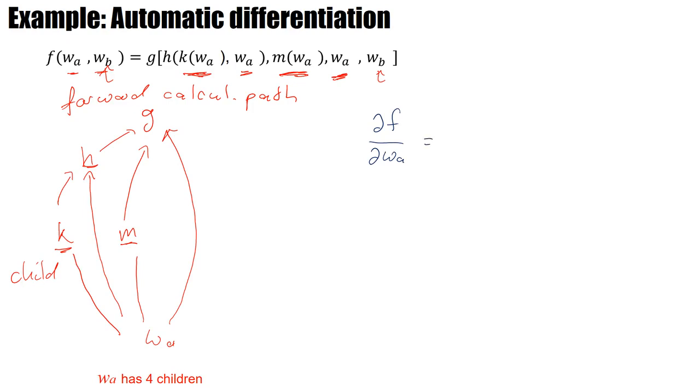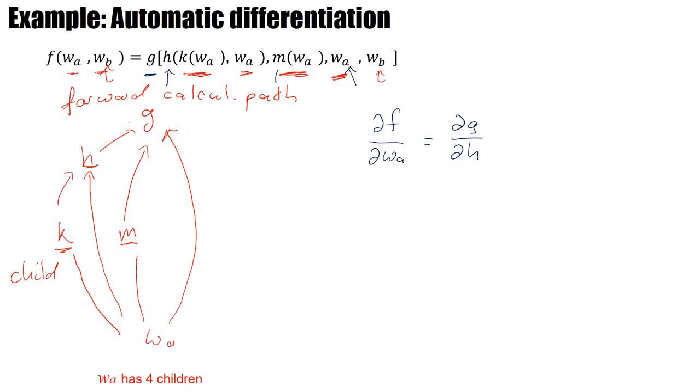You see that in any case, we have to apply a dg/dh. This is where WA will appear, but G has actually 3 main entries. This H, this M, and this W that all depend on WA.